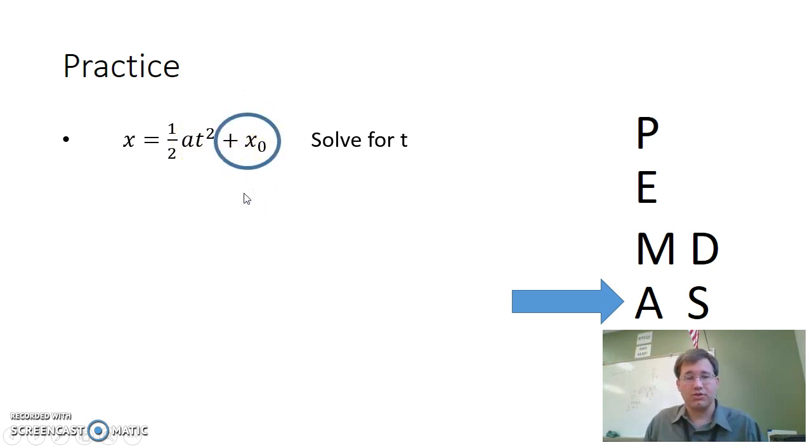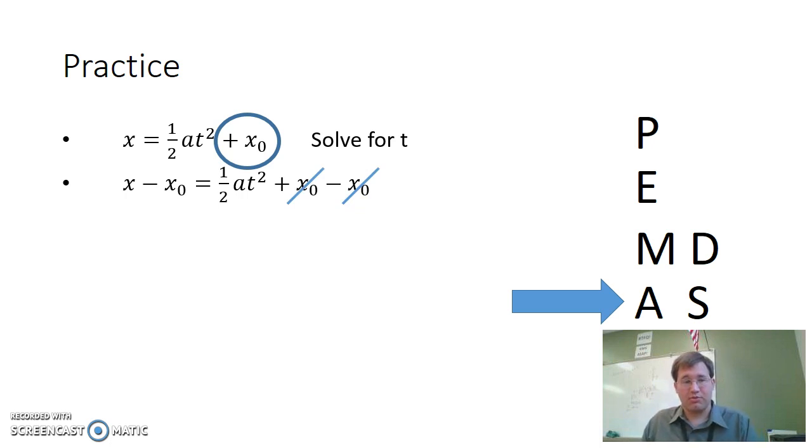So what we're going to do is take that out and do the exact opposite operation in order to get rid of it. The exact opposite of addition is subtraction, so we subtract it from each side. The reason why we did this is because on the right side, the x naught that's being added and the x naught that is being subtracted will end up canceling out.